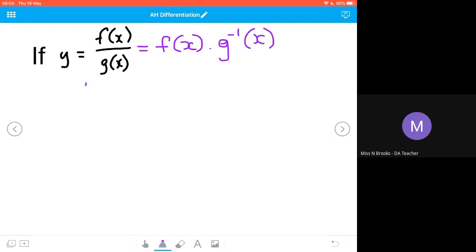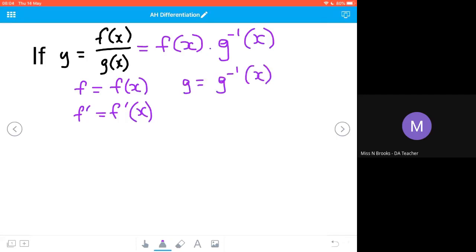So f for this function is going to be the function of x, and that means f prime is going to be the derivative of the function of x, and g is the inverse function of g of x, and so g prime is going to be -1 multiplied by the square of the inverse function of g of x, and we're going to multiply that by the derivative of g of x using the chain rule.